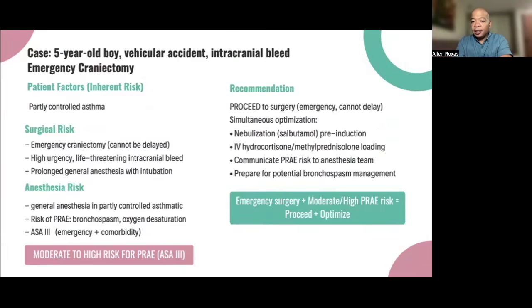The surgery is an invasive neurosurgical procedure under general anesthesia. In this situation, the recommendation is not postponement. Therefore, even if respiratory symptoms point to an increased risk of having PRAEs, the recommendation is to proceed while simultaneously optimizing the patient and preparing for potential respiratory complications.